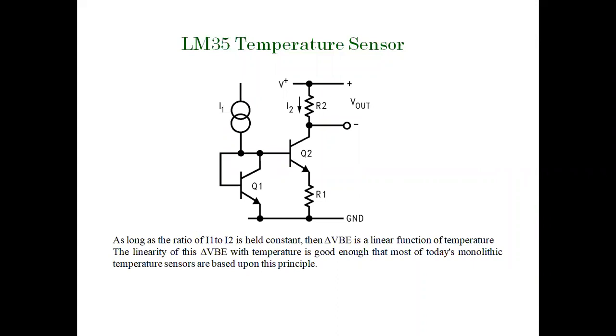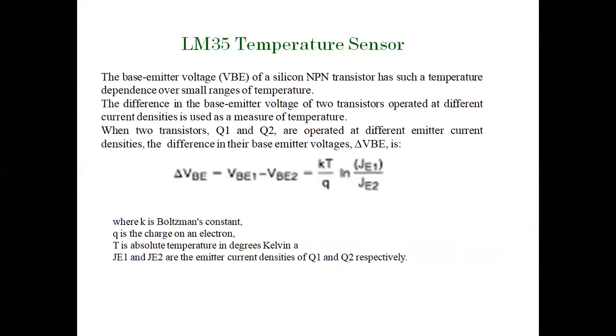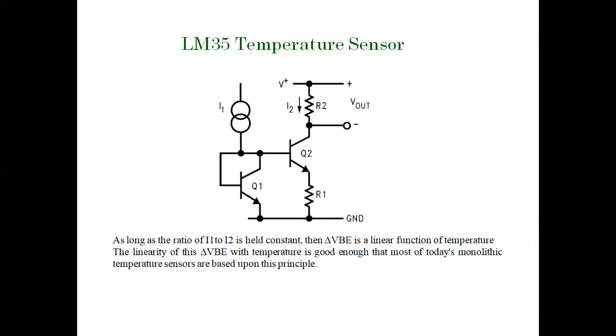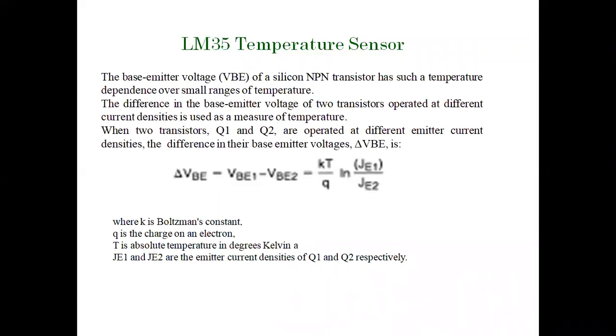Over here, if you maintain the currents I1 and I2 constant, then delta VBE is a linear function of temperature. If I maintain the current densities constant, the log term gets eliminated and becomes constant, so you get a relation between the voltage and temperature, because other things are constant.